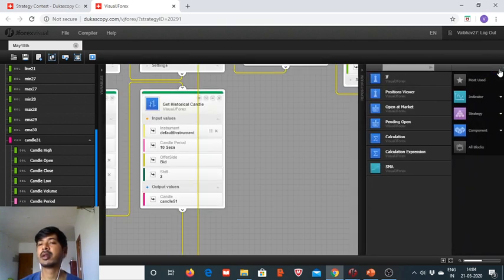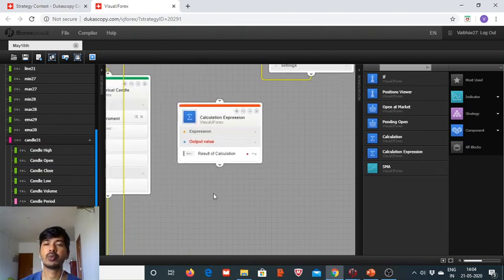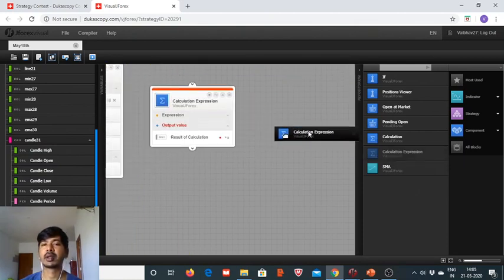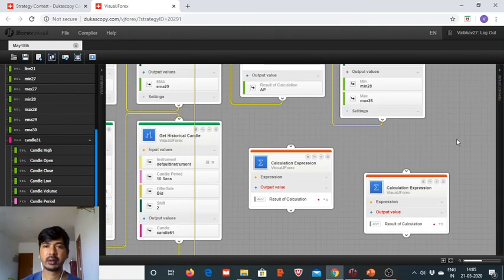We bring in calculation expression. We need to do two different calculations, one for the sell execution price and one for determining the difference.